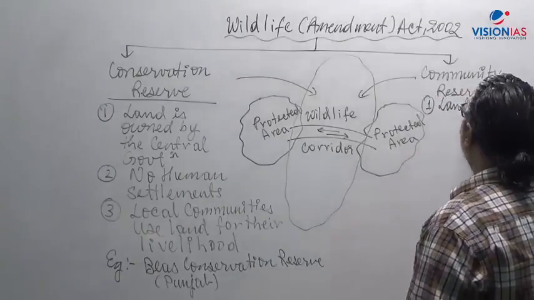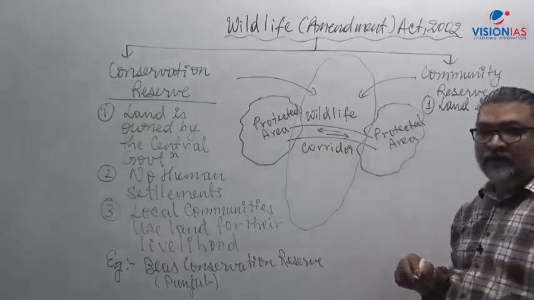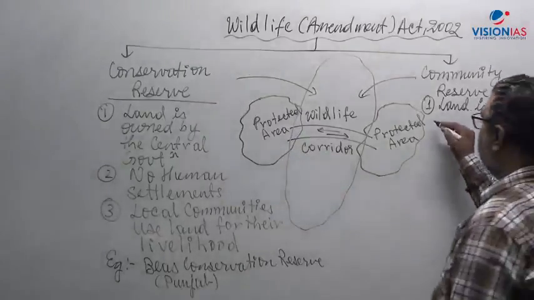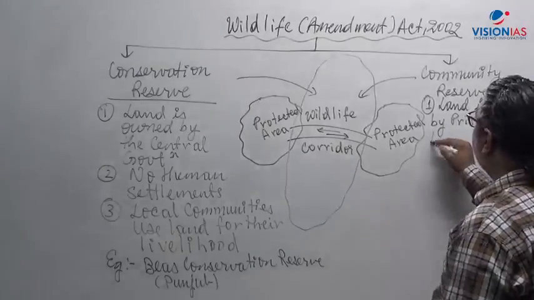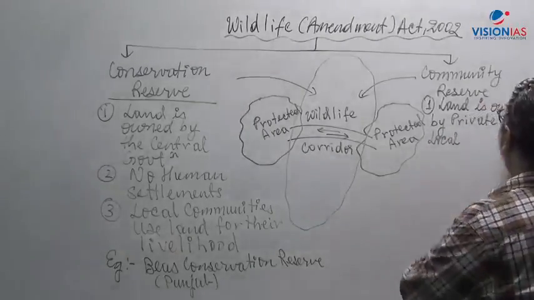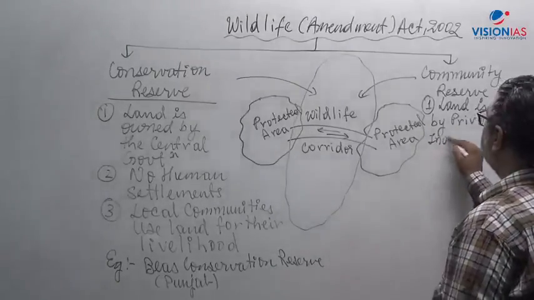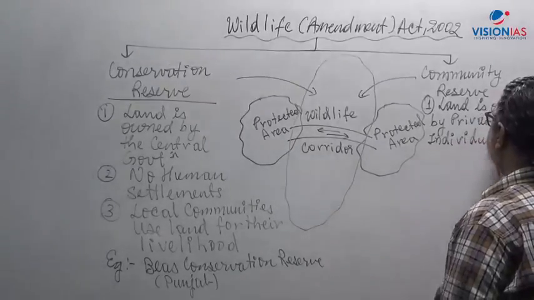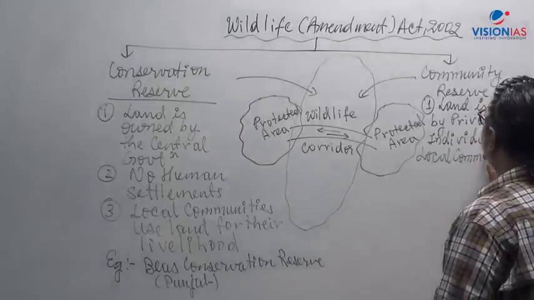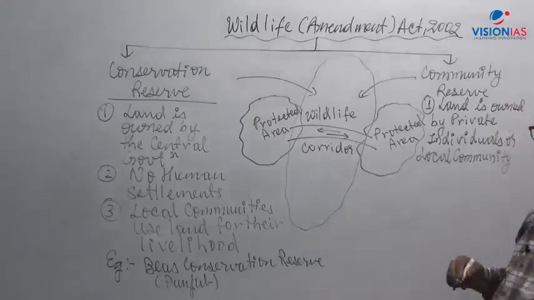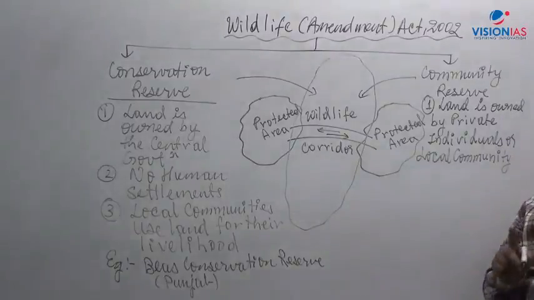Now let's consider if this land is not central government land. If the land is owned by private individuals or the local community, there is ownership of the land.